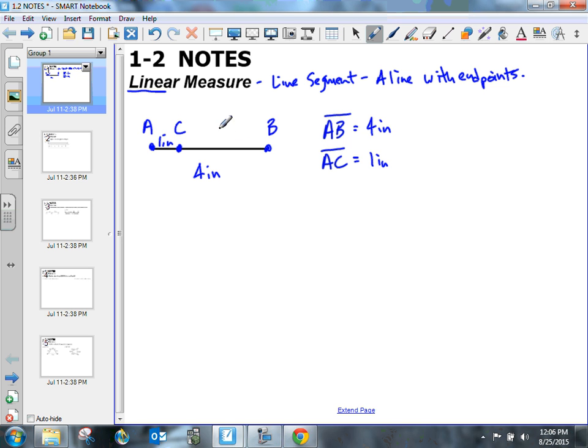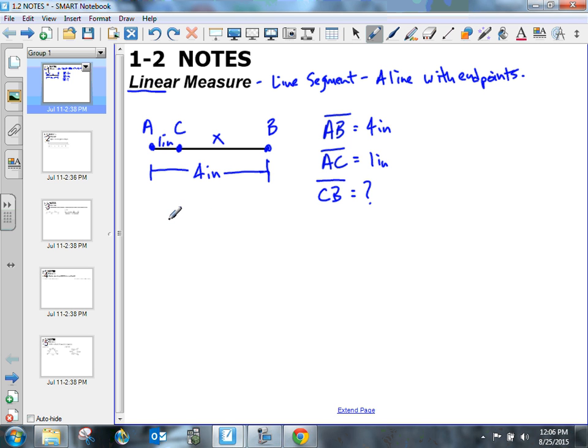So the question is, what's the length of CB? I'm going to call that X. If the whole thing from A to B is 4 inches, and that's how I denote the length of an entire thing, and this segment is 1 inch, then what's the length of CB? Let's think about it.